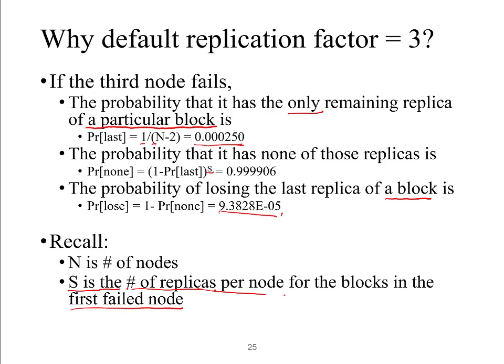Then we compute that it has none of those replicas, which means it's 1 minus the probability of the last replica to the power of S, and then we have the probability of losing the last replica of a block, in general any block. So this is the probability that we have computed here.